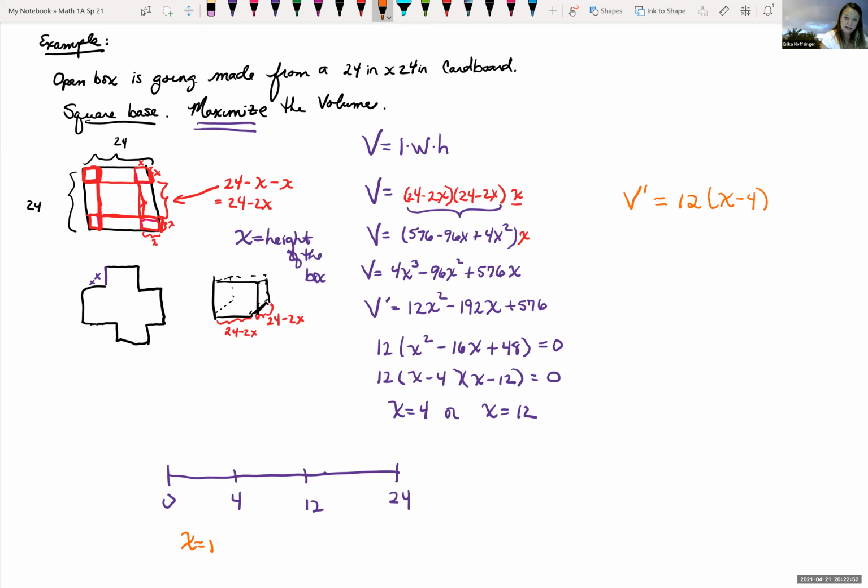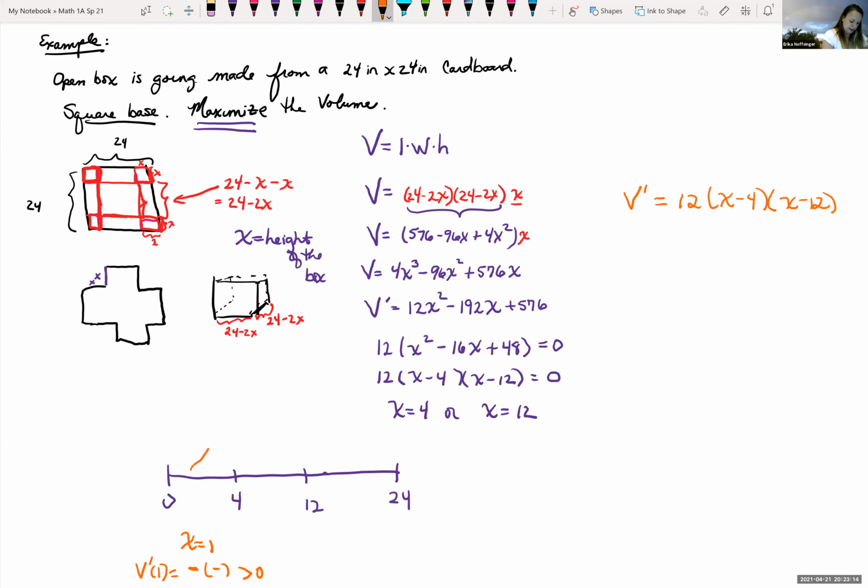Well, if I plug 1 into x minus 4, that's going to be a negative number. And if I plug 1 into x minus 12, that's also going to be a negative number. So negative times negative is greater than 0.